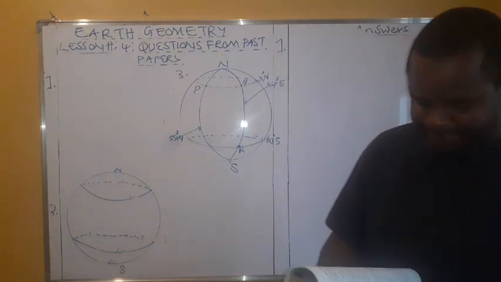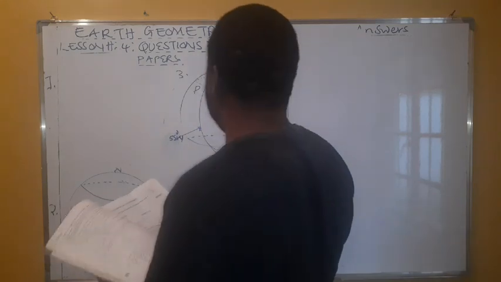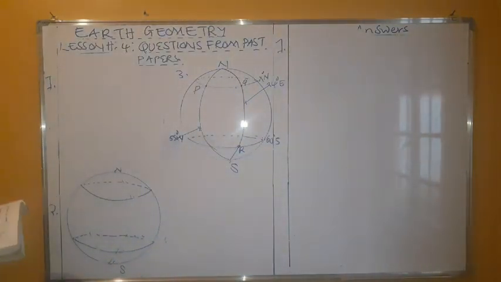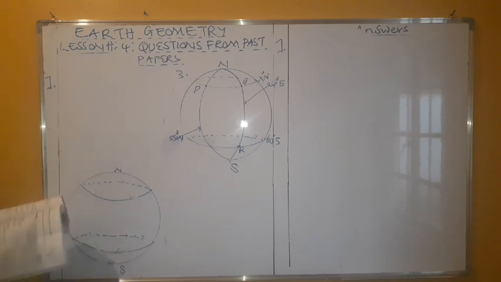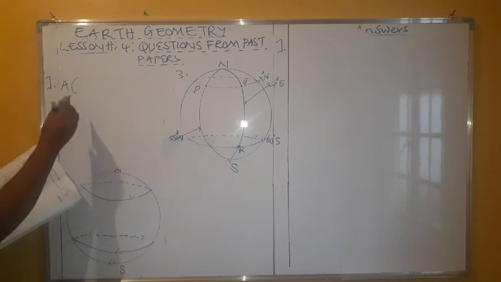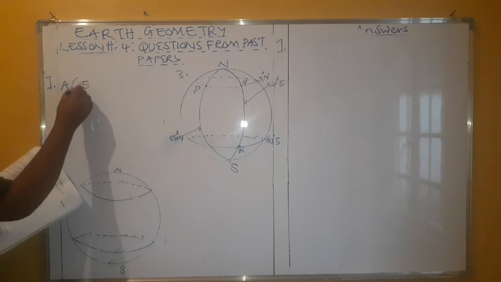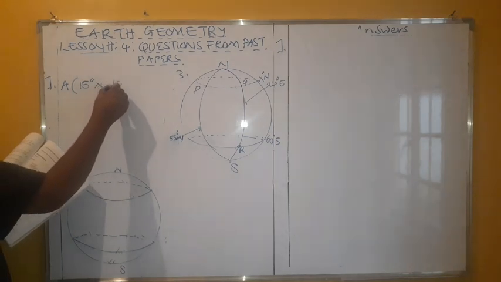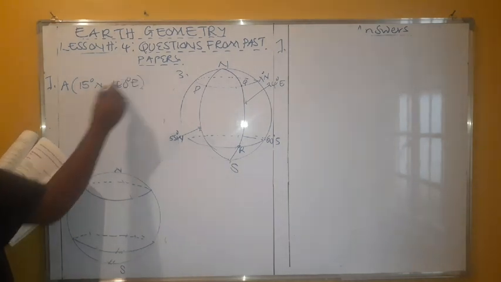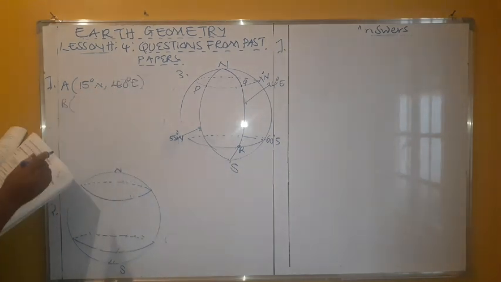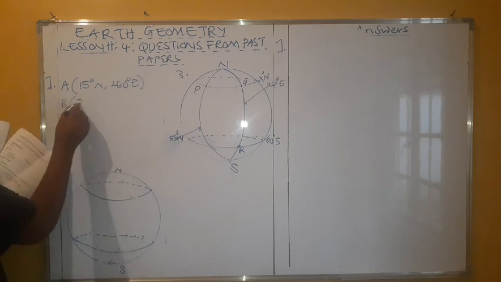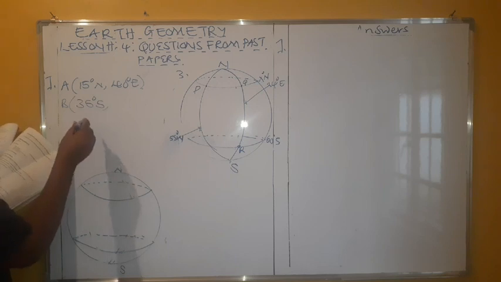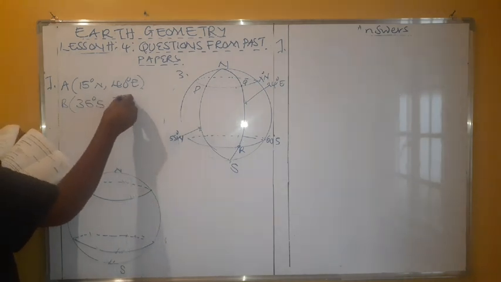We've been given the points. Point A is 15 degrees north, 40 degrees east. And point B is 35 degrees south and 70 degrees east.